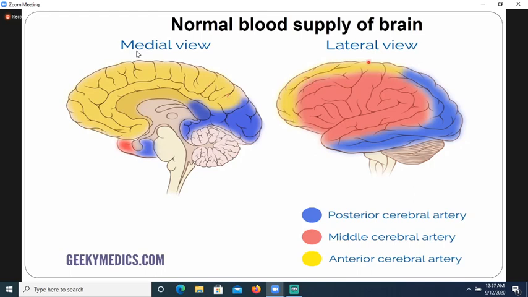Laterally, most of the brain is supplied by the middle cerebral artery, and posteriorly, the occipital lobe and the inferior part of the temporal lobe by the posterior cerebral artery.